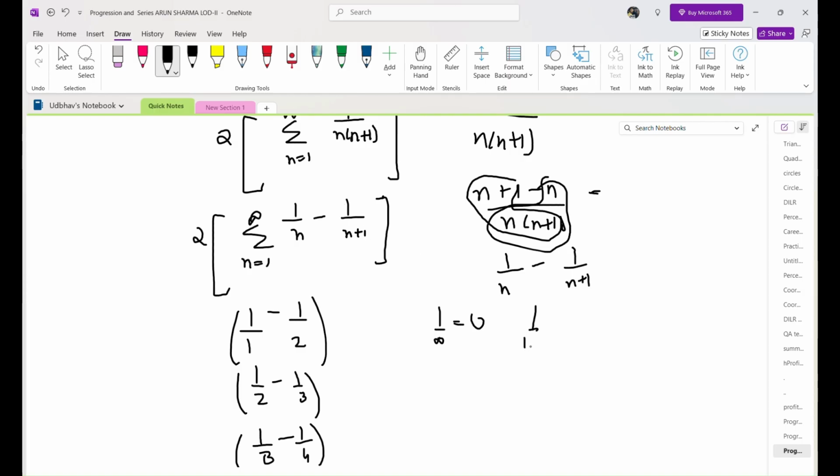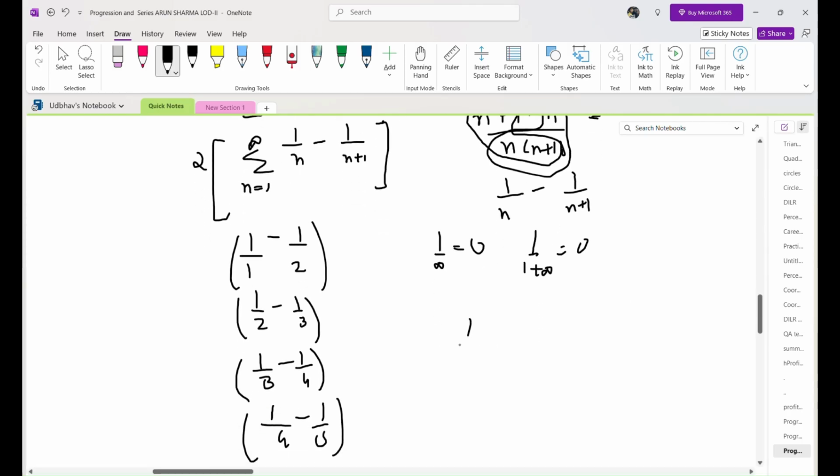And 1 upon 1 plus infinity will again get 0, because 1 upon a very big number, let's say 10 to the power 10, gives a very small number, 10 to the power minus 10, so you can just ignore it.